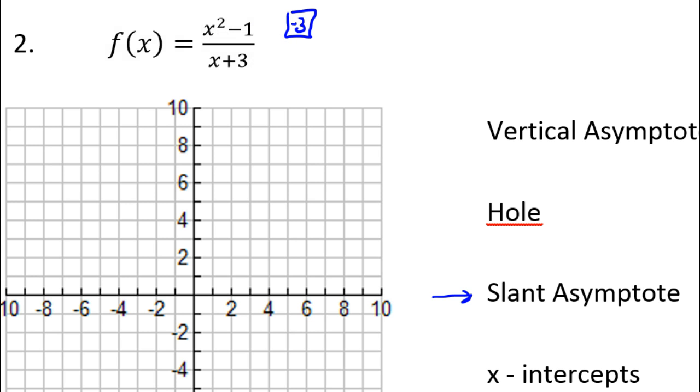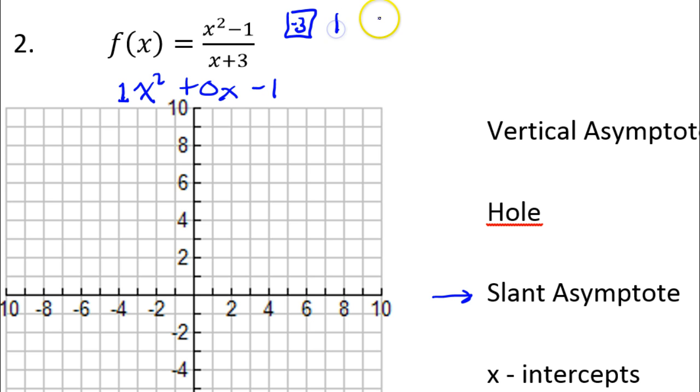Now from the dividend, the numerator, the thing I'm dividing into, I need the coefficients. But be careful, there's a missing term here. X squared minus 1 is like having x squared plus 0x minus 1. So the coefficients are actually 1, 0, negative 1.